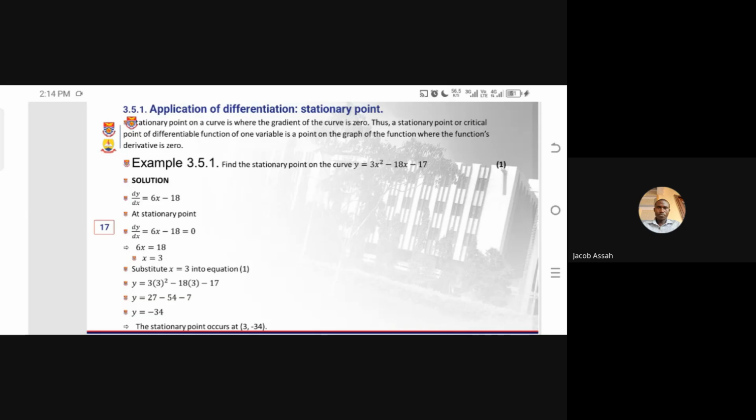And then you find the x value, that is the stationary value. So the x value will be 3. When you are done getting the x value, you put it into the main equation in the question to get your y value, and that will be your stationary point. The x and the y coming together will form your stationary point. Is it clear?